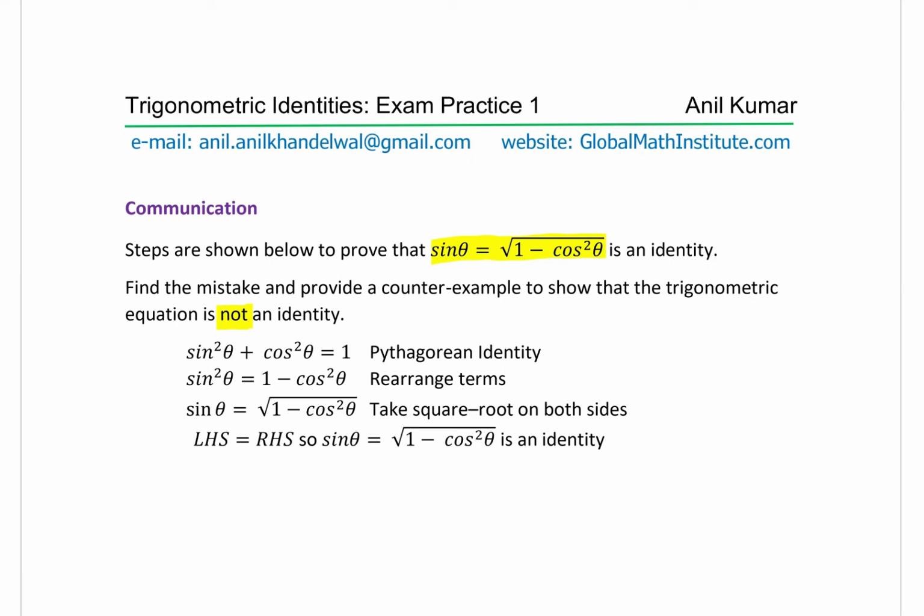You need to actually pause the video here and figure out where did we go wrong. And once we know that it is not a trigonometric identity, the best way to show that this is not an identity is to use a counterexample. So here we are going to use the counterexample also. Now, as soon as you look at the particular equation, you know that square root of anything will always be positive, correct?